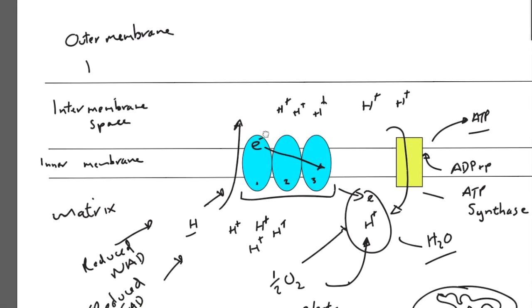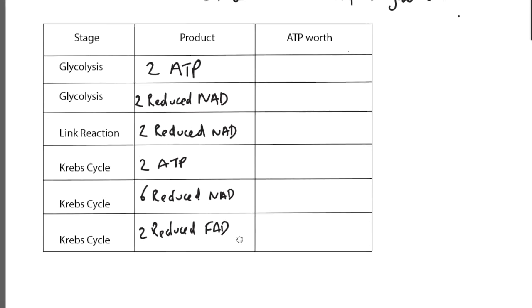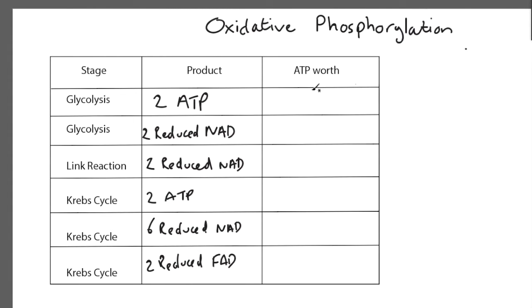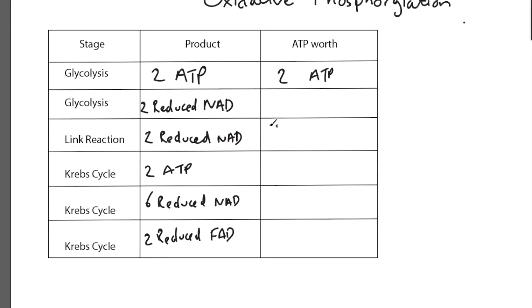Straightforward. Now, what I was saying before, we haven't got the conversion rates of ATP worth. Well, 2 ATP is worth 2 ATP because there's 2 ATP. And there's another one there, 2 ATP. But reduced NAD and reduced FAD, you don't know the worth, so I'm going to tell you.